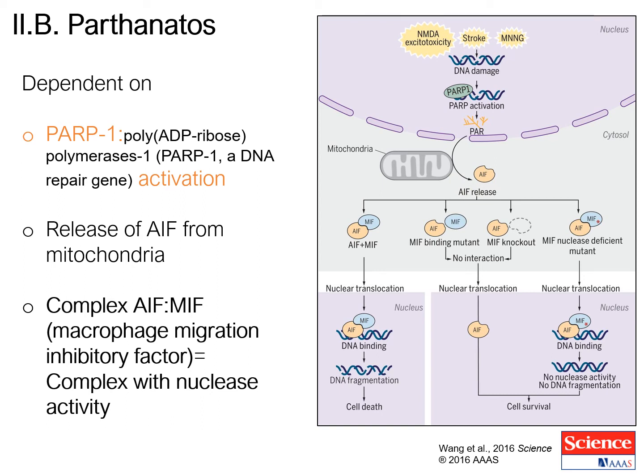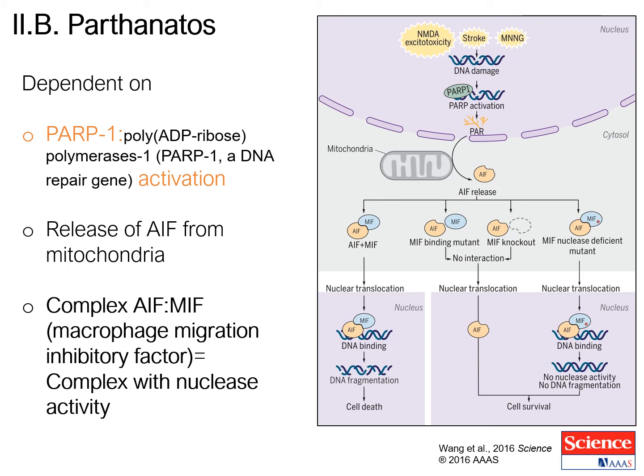This protein has the ability to recruit the macrophage migration inhibitory factor, MIF, which is a protein that has nuclease activity. And this complex translocates into the nucleus, binds DNA, and the nuclease activity of the MIF protein degrades and fragments the DNA, causing cell death.